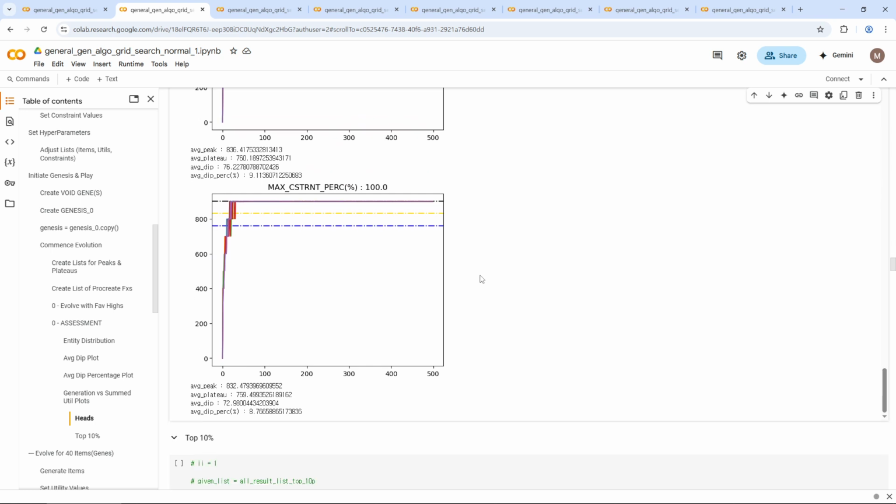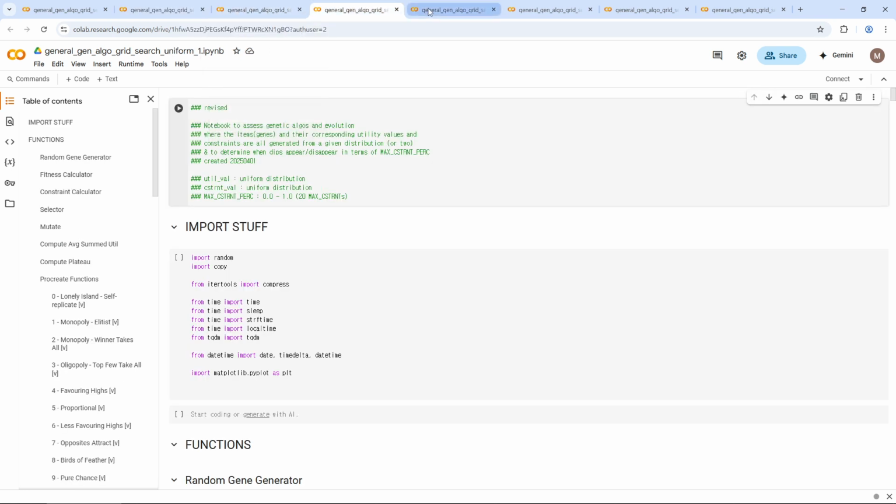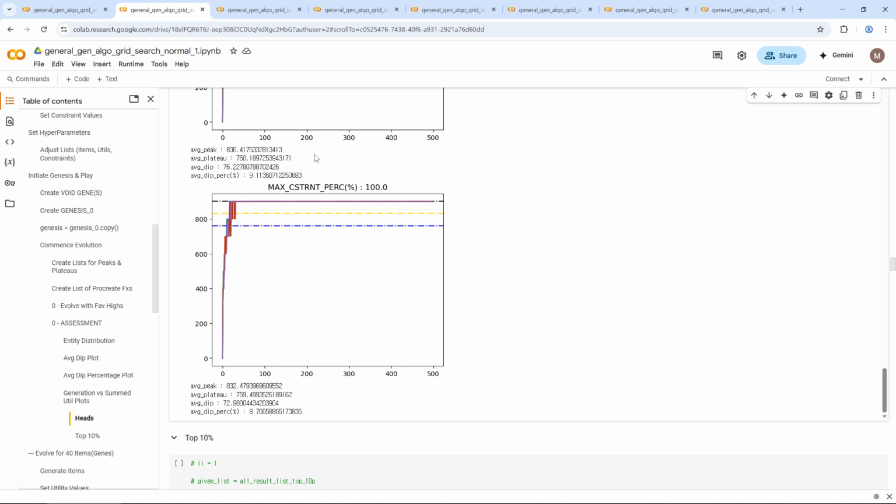So one thing that I should just mention right now, and this will come up more as I switch the notebooks, is the fact that when there are so few items or so few genes that we're dealing with, we actually reach the maximum ever as the maximum constraint percentage goes up.